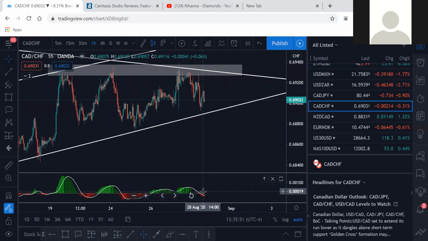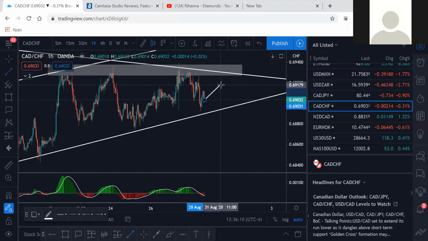No. Because our 1-hour time frame, when we're looking for entry, is telling us that there's a possibility price is going to retest. So what I would like to see is potentially price coming back up anywhere around this zone, right?